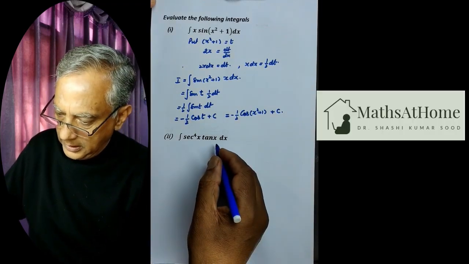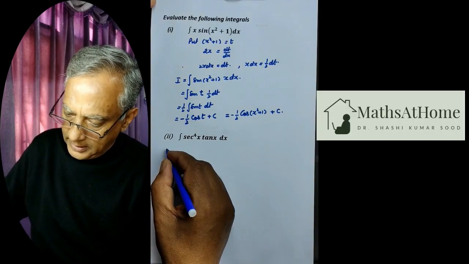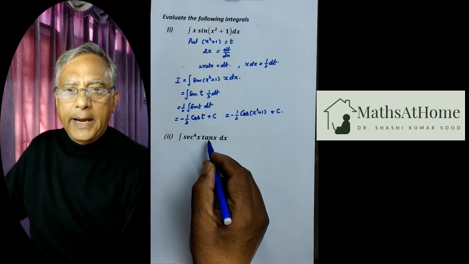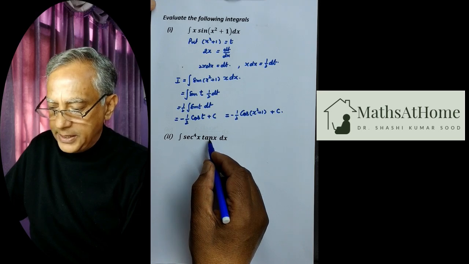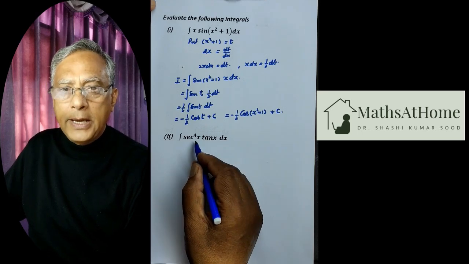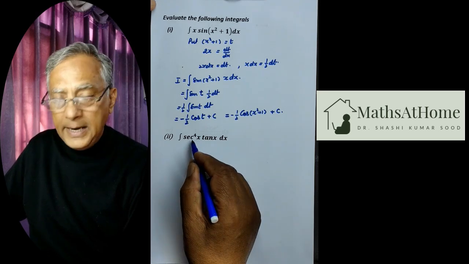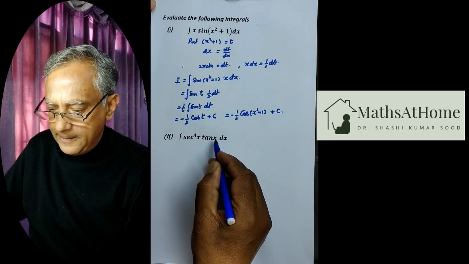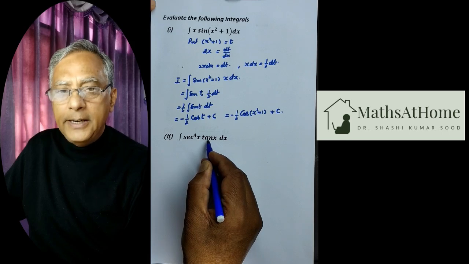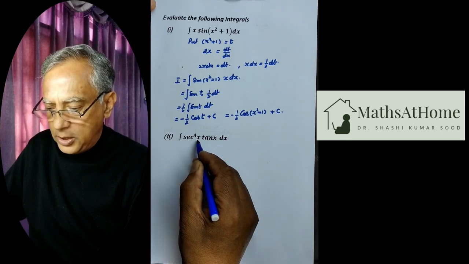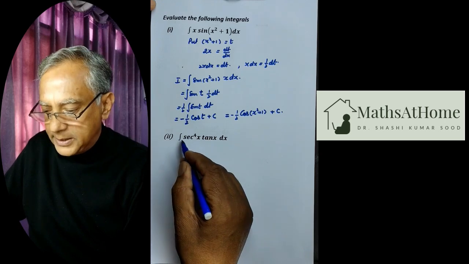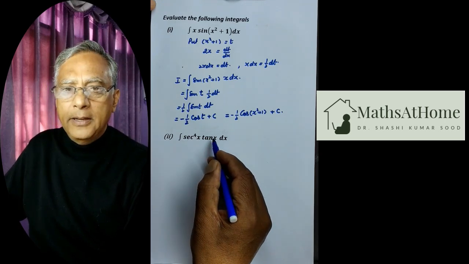Now, in this question, if I put say tangent x equal to z, then the differential of tangent x is secant square x. Secant square x dx will go in simplification, and we will have secant square x into tangent x. And secant square x can be written as 1 plus tangent square x. So the question will be easily convertible in terms of the new variable.